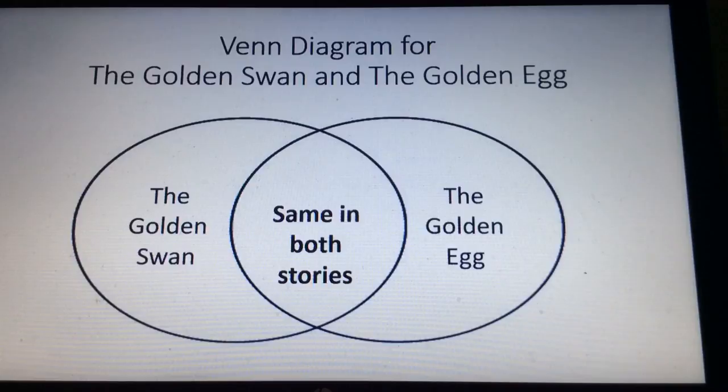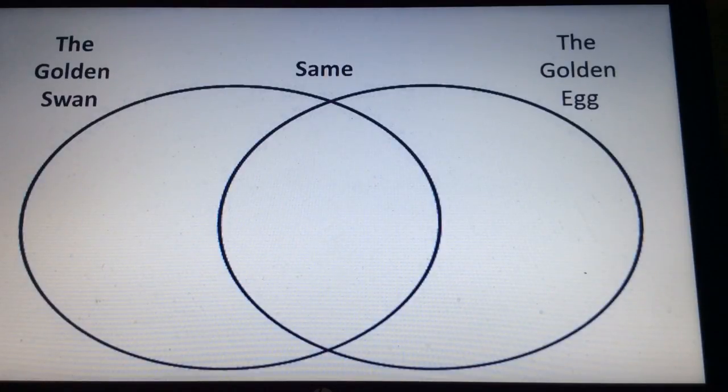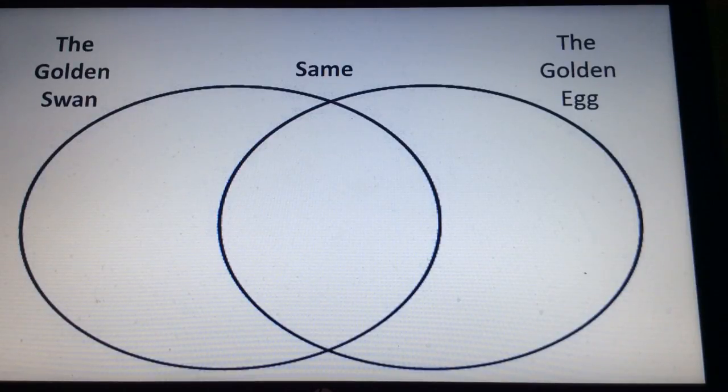On the right side of the circle, we're going to list details that describe the golden egg. So let's begin thinking about this. The golden swan, the golden egg, and things that are the same. I'm going to help us get started because I know that in both stories, one big thing that's the same in both is that we had gold.